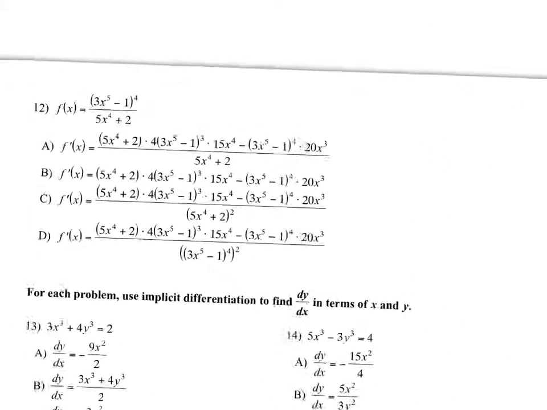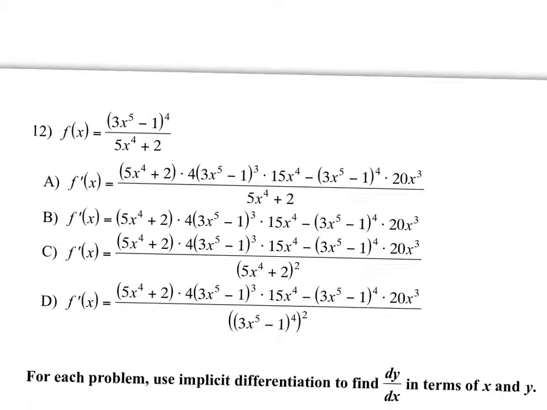Page 3. We've got a quotient rule going on here. Make a really, really long line, and the bottom is going to be 5x to the fourth plus 2 squared.